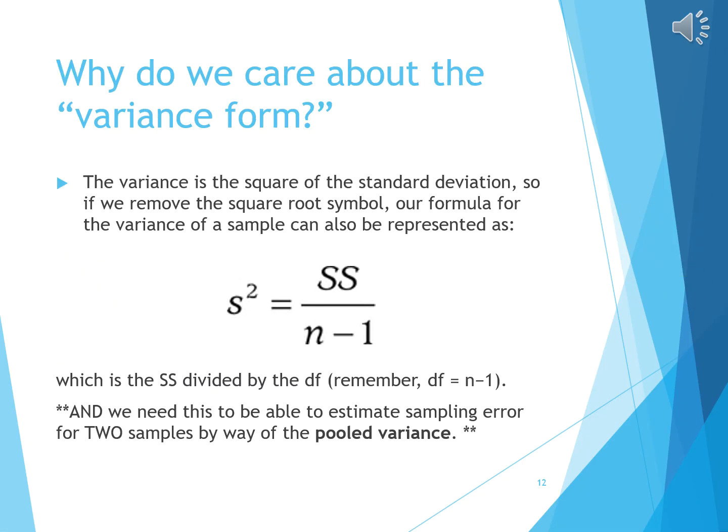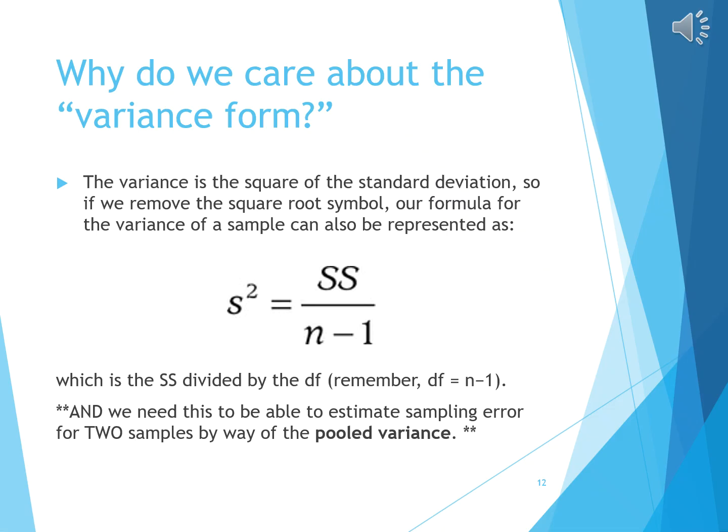And why am I bringing up standard deviation and variance? Well, it turns out that in an independent samples t-test, because you have 2 samples, you need to calculate something called pooled variance, which is just another way of calculating variability. But this time, it's variability when you combine two different samples, which we have not seen yet.